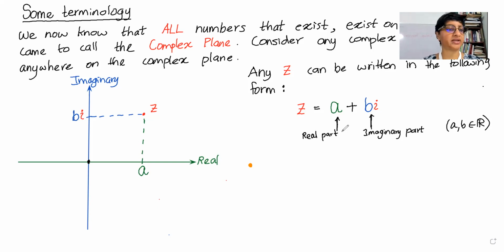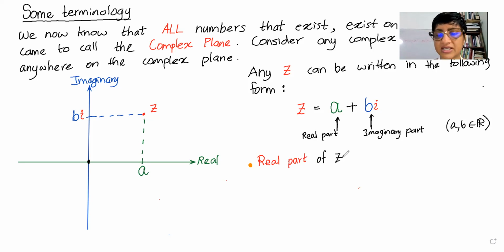Okay, but I will write it now. Real part of Z. First one is real part. We call it, so like you can say component, but the term is part. Real part, imaginary part. That's how you say it. Real part of Z.